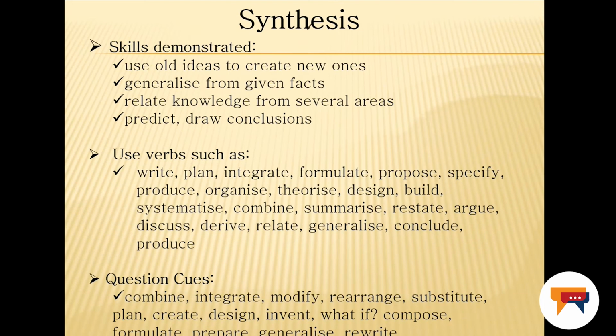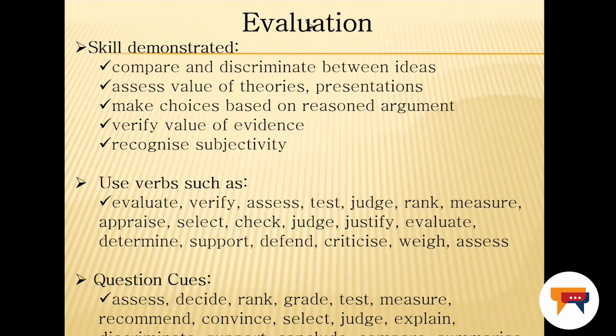And synthesis. You could use verbs such as write, plan, integrate, formulate, propose, specify, produce, organize, theorize, design, build, systematize, combine, summarize, restate, argue, discuss, derive, relate, generalize, conclude, or produce. And finally, evaluation.